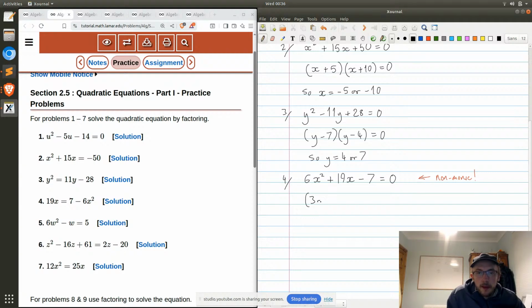So I'm going to do 3x and 2x in the first positions in the brackets. And I'm going to add 7 here and take away 1 here. And that generates the original quadratic. So this means that x is either 1/3 or negative 7 over 2.